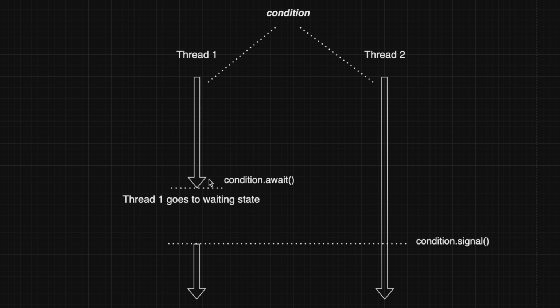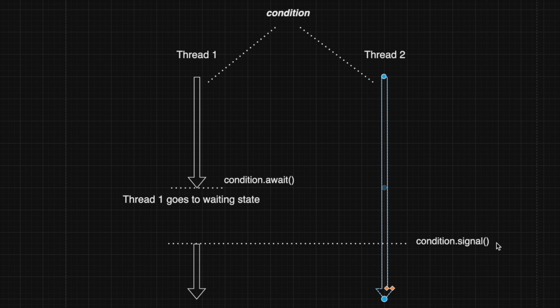Effectively, thread 1 goes to a waiting state. Now let's imagine there is another thread, thread 2, and this thread is running and doing some operations. Due to the operations being performed, the condition gets fulfilled, and as soon as the condition gets fulfilled, thread 2 calls condition.signal. It signifies that the condition has been fulfilled, so convey this message to any of the threads which have been waiting for this condition to get fulfilled.